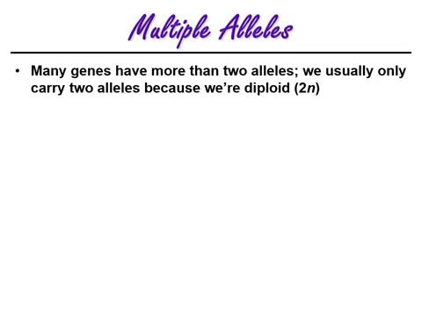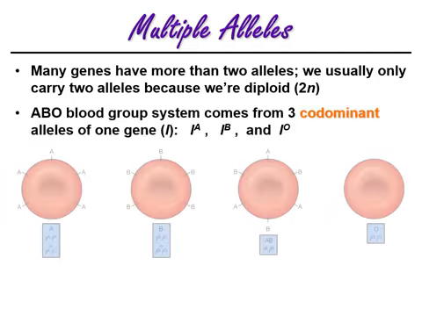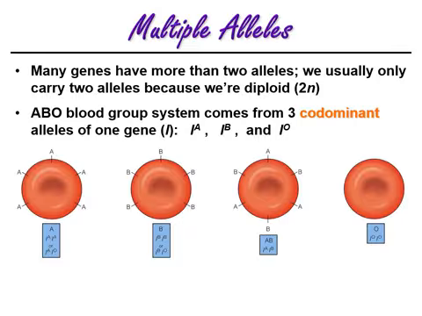And then the thing is, if there's codominance, you'll express both. So the ABO blood group system is an excellent example of codominance. Our ABO blood type has nothing to do with plus or minus rhesus factor.